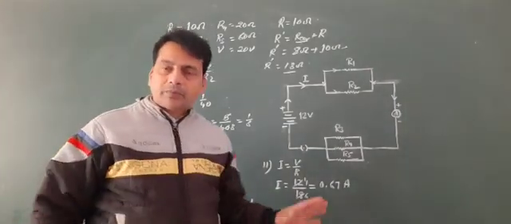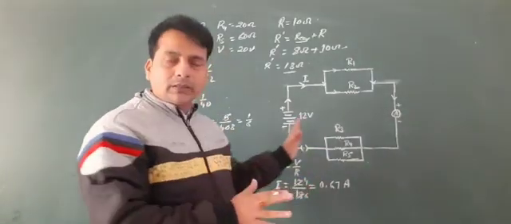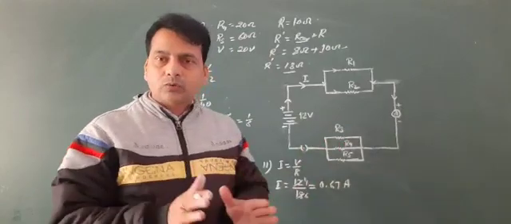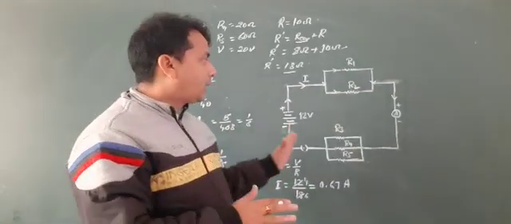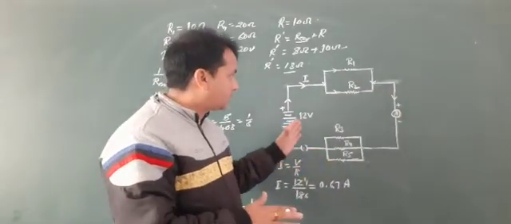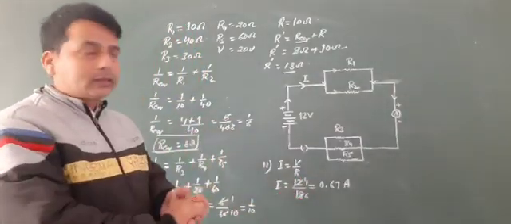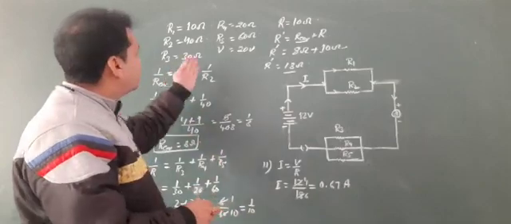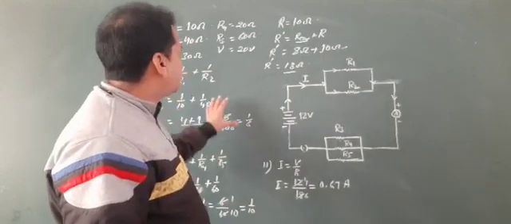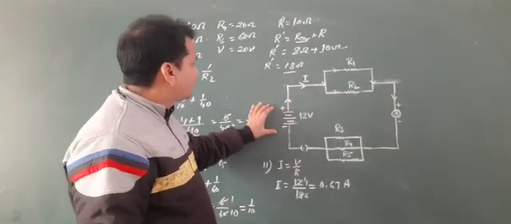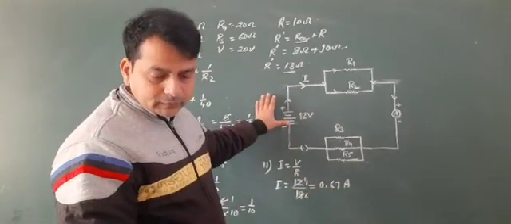So in this circuit diagram, the first question was the total resistance in this circuit, and the next question is the total current flowing in this circuit. Here the values of R1, R2, R3, R4 and R5 are given: R1 equals 10 ohm, R2 equals 40 ohm, R3 equals 30 ohm, R4 equals 20 ohm and R5 equals 60 ohm. A 12 volt battery is connected in this circuit diagram.